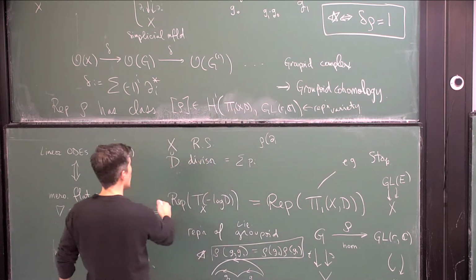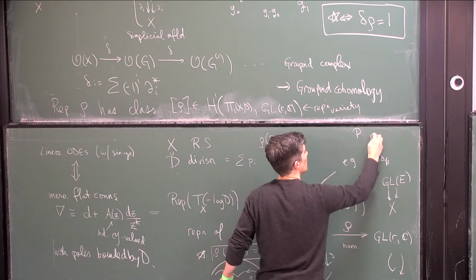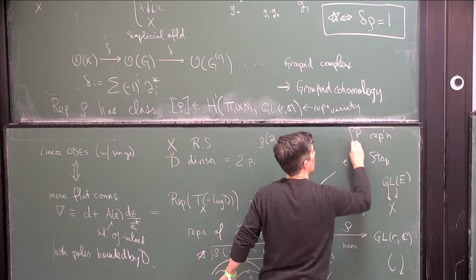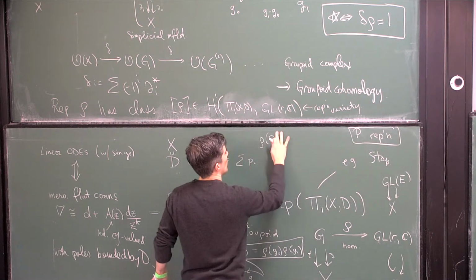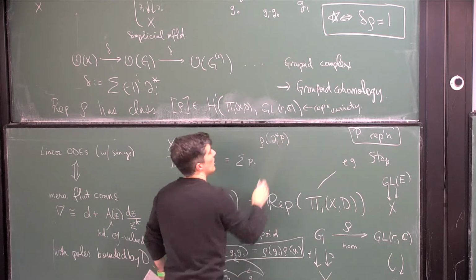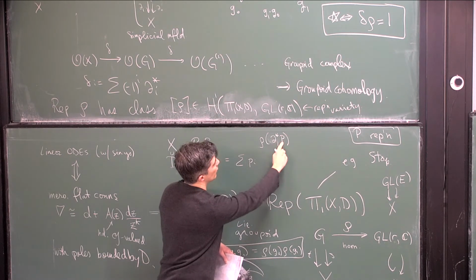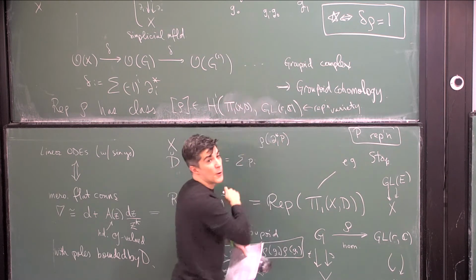What's the representation called? I need a name for the representation. Suppose that P is a representation. Then you see this delta 1 star P, this means that we are going to evaluate P on G1, G0, right?